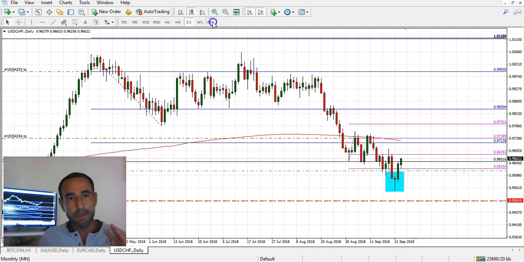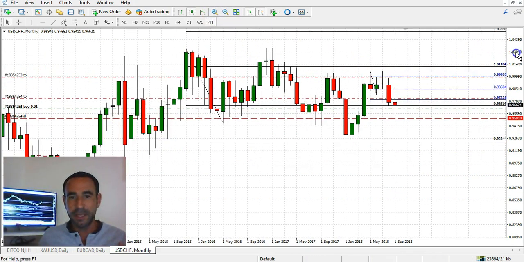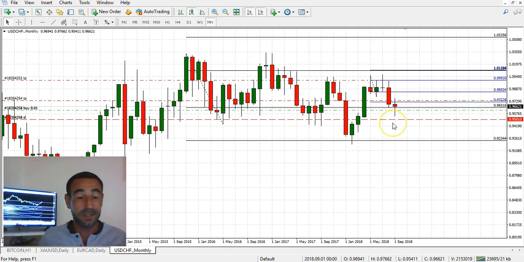Now, if you want to look at the bigger picture, then I can show you what's going on from the monthly perspective, because this is really fascinating stuff. So you remember this level I was just talking about, 96.51, that's the big level I was talking about, right? Coming from the monthly perspective. We got this huge monthly trading range that you can track back to pretty much the beginning of 2016, and that's a massive trading range.